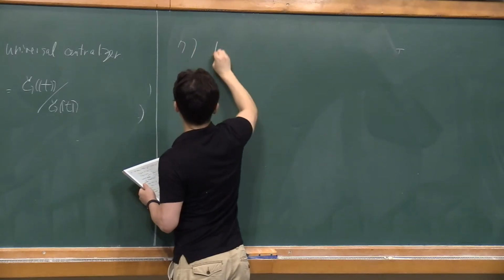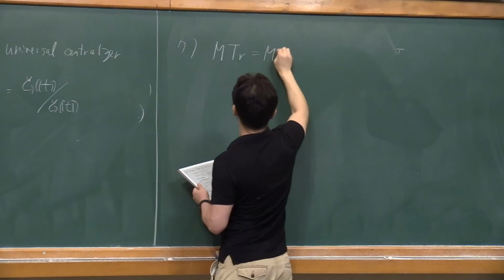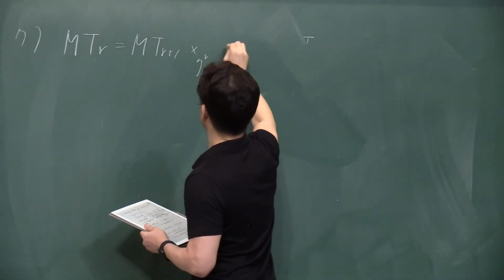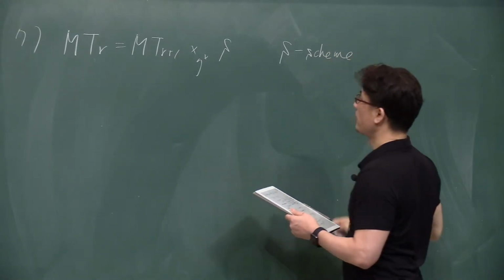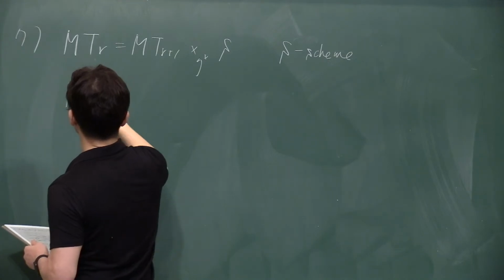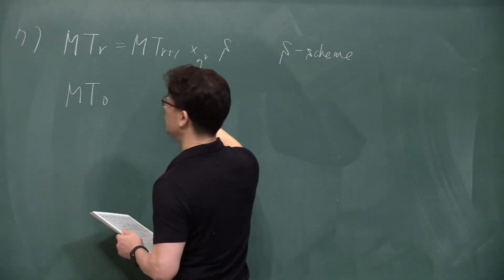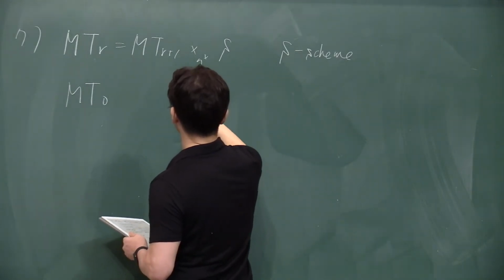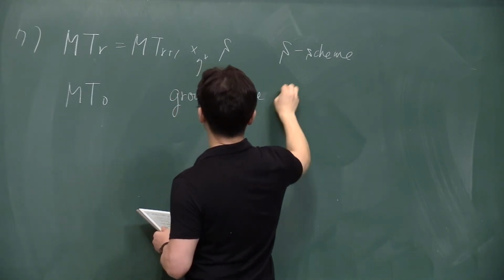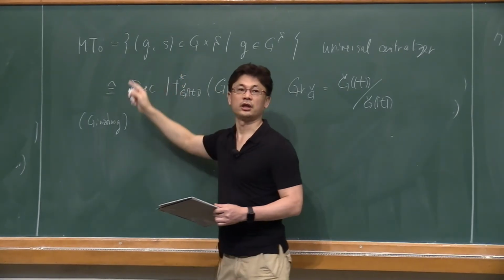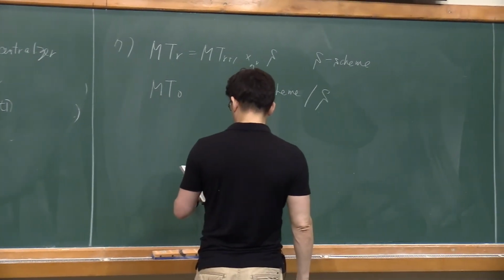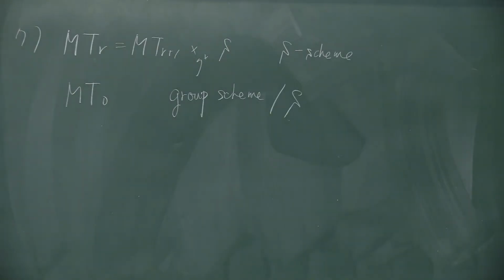And so as I explained, MT_R is a Kostant reduction of MT_{R+1}. So in particular, this is an S-scheme. And so MT_0 is also an S-scheme, but it also has a group scheme structure, because the group structure of G gives the group scheme structure here. And then if you use this group structure, I can explain why this family of Poisson varieties must be unique.